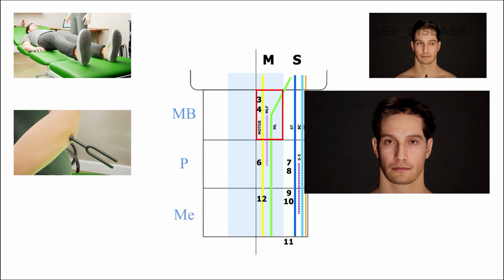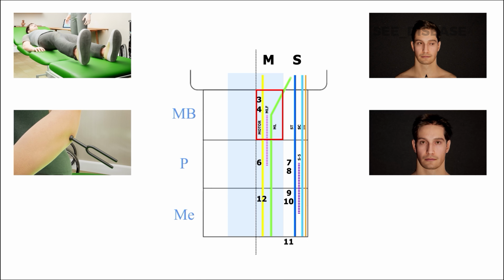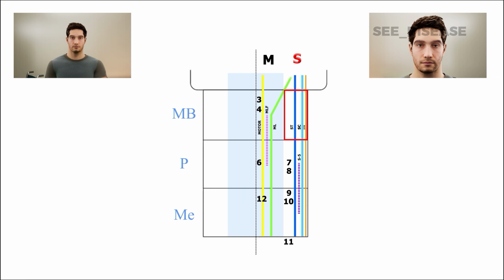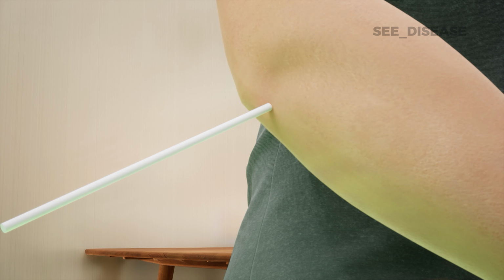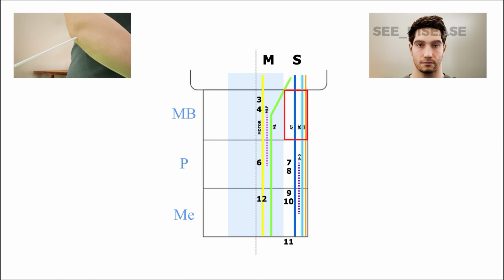And if you see the involvement of the lateral side of the midbrain, you see the ataxia because of spinocerebellar tract involvement and the loss of touch and pain sensation on the other side.